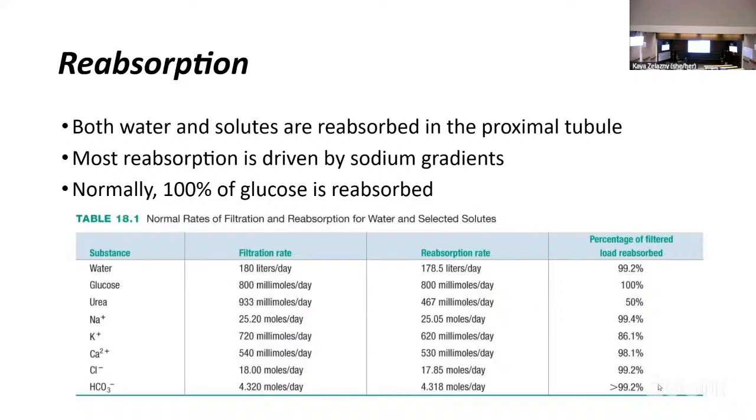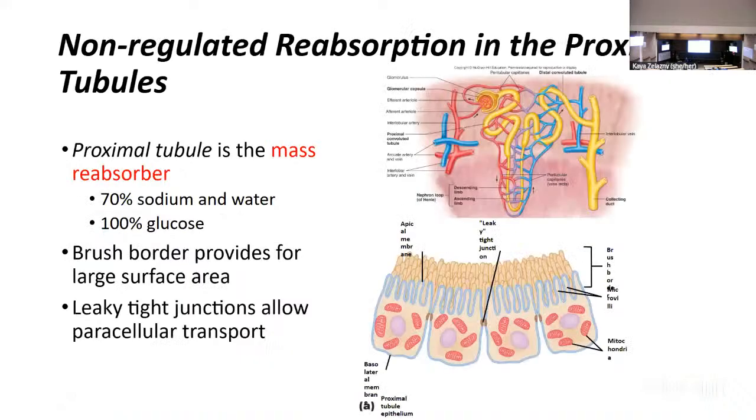Lots of things very near 100%, and other things still above like 50% in this table. And one of the ones that we're going to focus on as an example is glucose, because you can see that's our highest number here. Glucose is usually reabsorbed 100%, and that's usually happening in the first part of the nephron, in the proximal tubule, which is what we're taking a look at next.